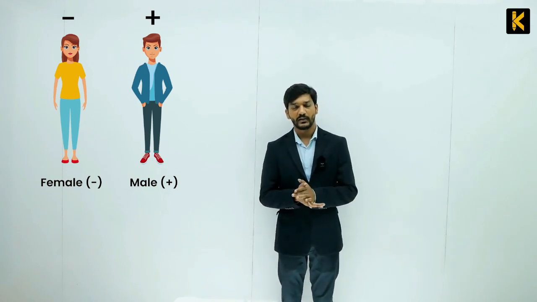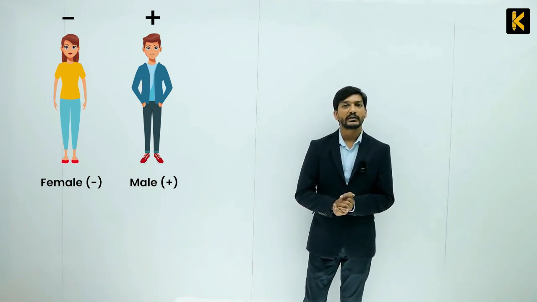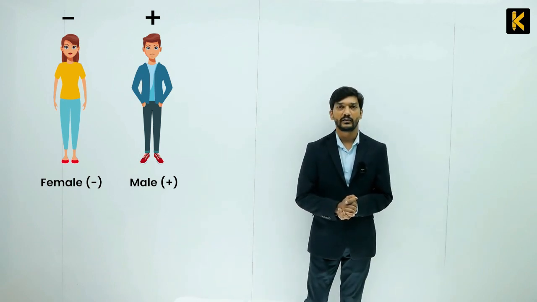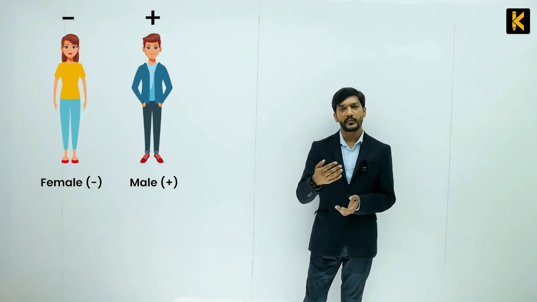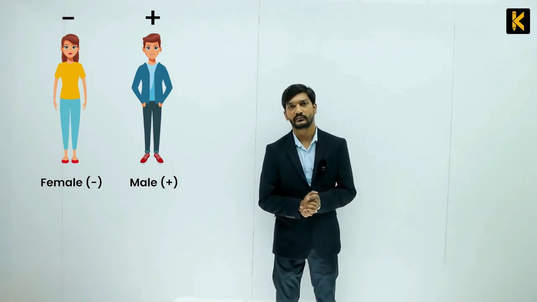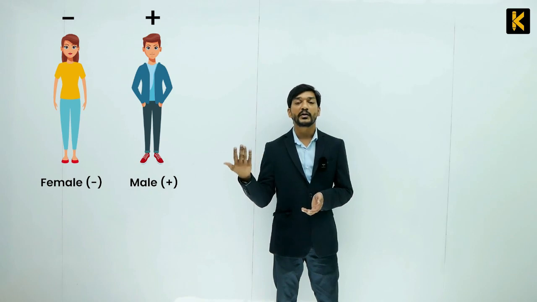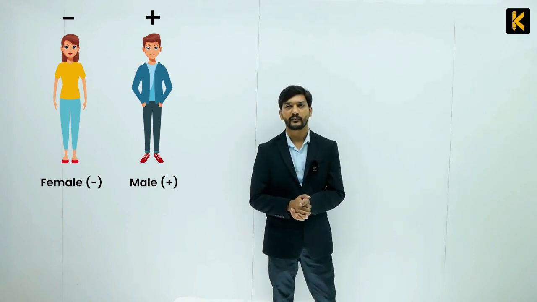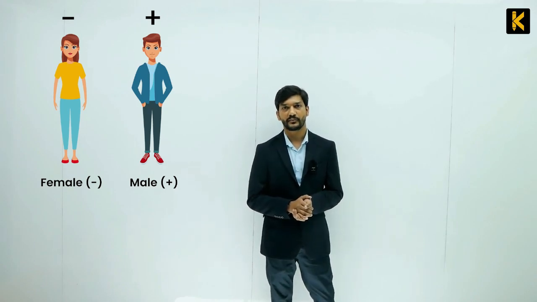Then we all have aunt, uncle, and their kids also are there. Uncle and aunt means your father's sister or your father's brother, and similarly your mother's brother or your mother's sister. All these are your uncle and aunt.